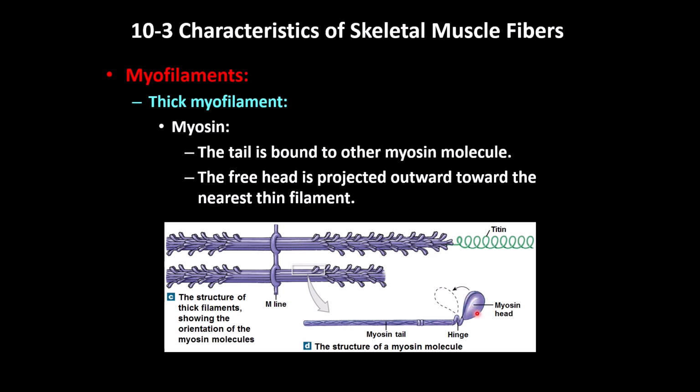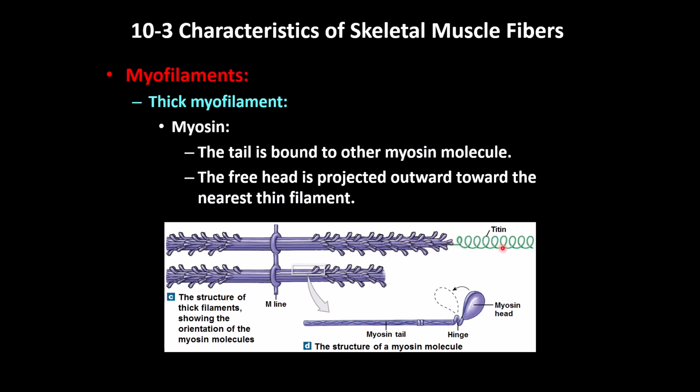In smooth muscle there are a lot of heads, and in skeletal muscle there are 2 heads. And these heads are toward the thin filament. There is also the titin that I told you before, and this is one of the very big proteins, one of the longest proteins. It gives elasticity to the myofibril.